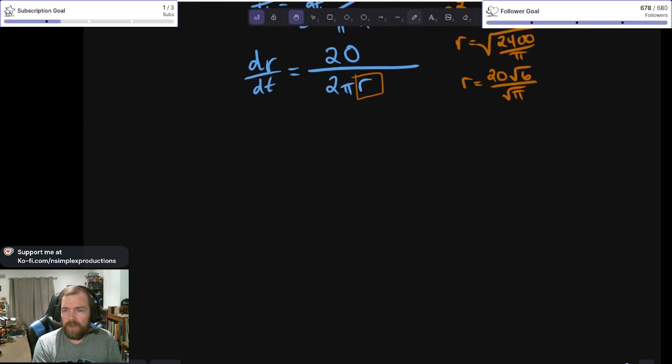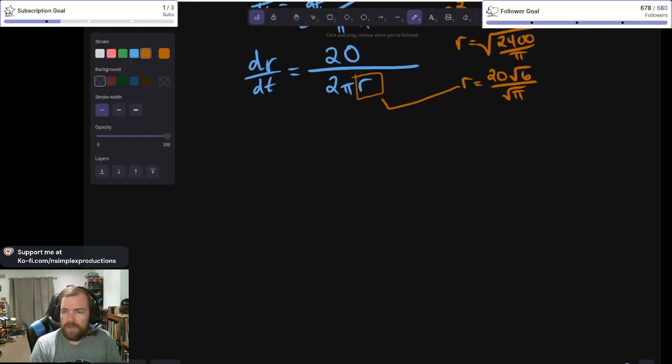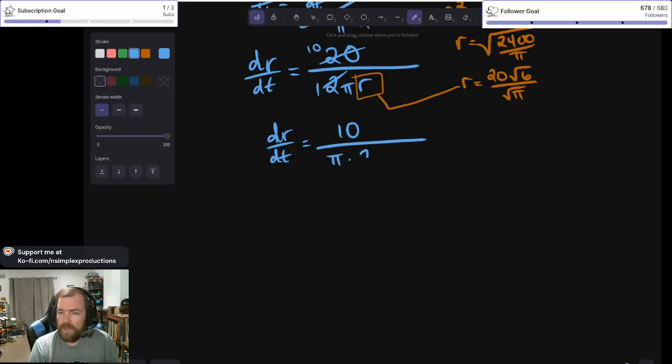So then, going to look at the last step here, and we say now this r belongs in there, which means that dr/dt is going to be equal to 20. We can make that 10 over 1 instead of 20 over 2. Right, 10 divided by pi times 20 root 6 divided by root pi, which is going to make pi to the 1/2 in the denominator.